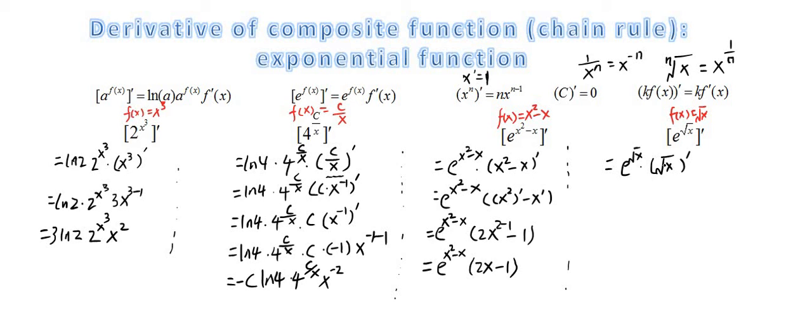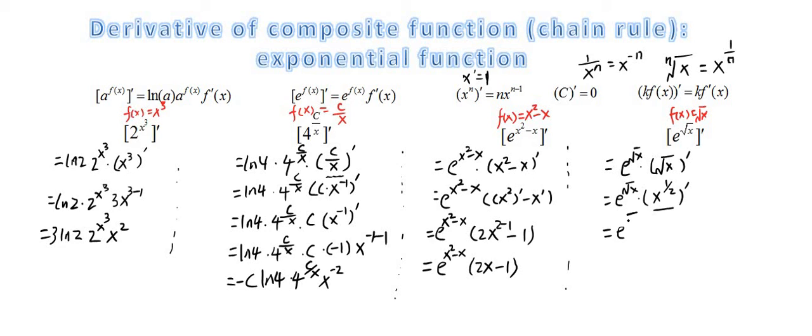Okay, so here is the square root of x. That means x to the power 1/2. Okay, so we have e to the power square root of x times the derivative of x to the power 1/2. Now for this derivative, we can apply the power rule.